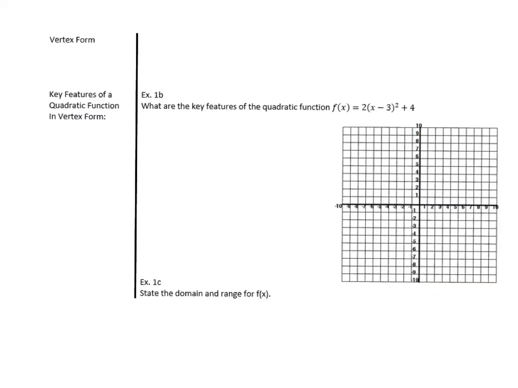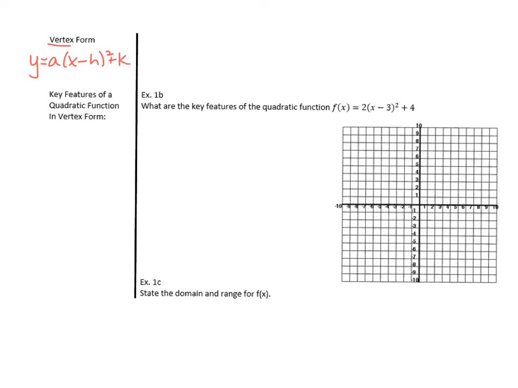Every time we talked about transformations from the parent function, we were actually working with what's called the vertex form for a quadratic function. And that models y equals a times x minus h squared plus k.